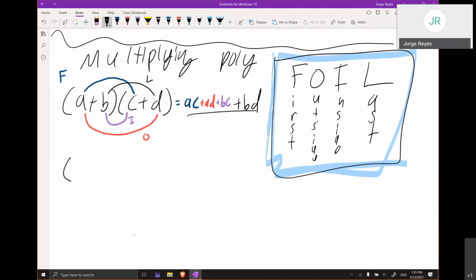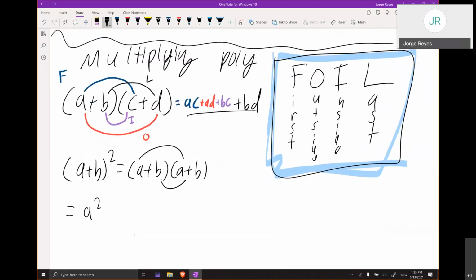Specifically though, here now you know how to do this, right? A plus B squared is A plus B, A plus B, and then we're gonna FOIL. So A squared plus BA plus AB plus B squared. Because of the commutative rule, we know those are the same thing.